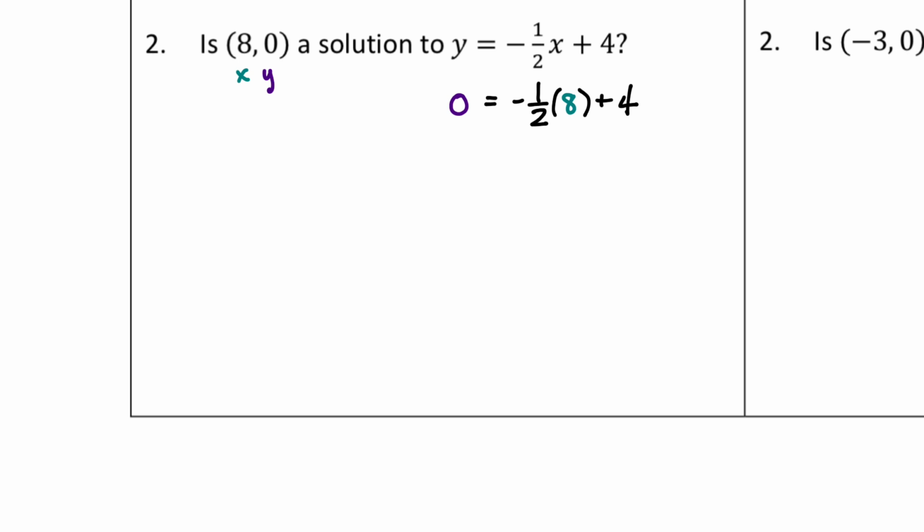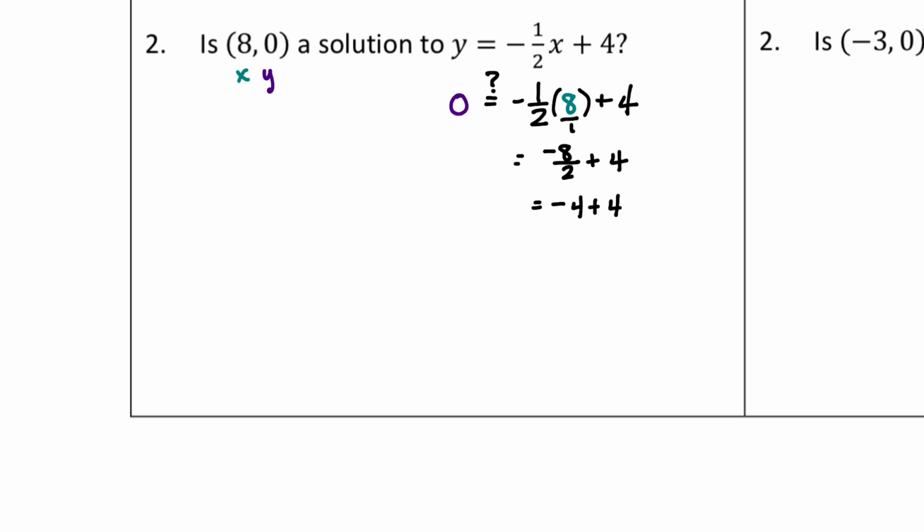Okay, so is this equal sign true? Let's find out. I'm going to put the 8 over a 1, and you can simplify. You can multiply straight across. I'm just going to choose to multiply straight across on this one. So negative 8 over 2 is negative 4.